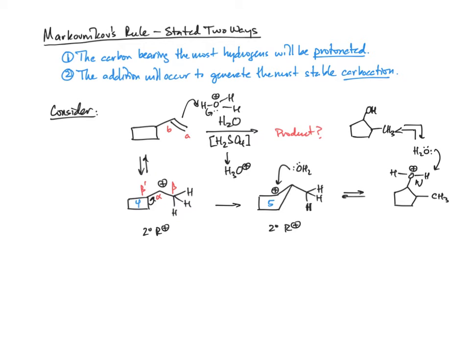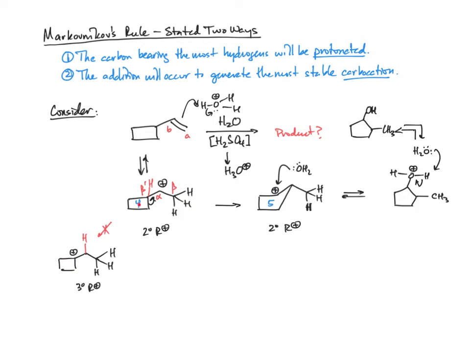The issue with having this hydride migrate over is that you're putting the plus charge on a carbon that's pretty strained in a 4-membered ring.